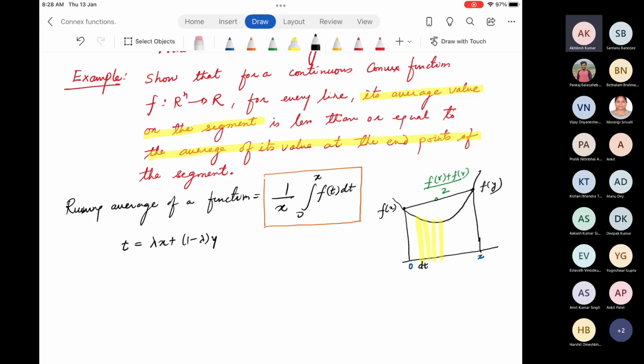Okay, good. How do we proceed with the integration part? Then the integration part should be this less than or equal to 1 by x, integral from 0 to x. Go ahead, try it. Okay.